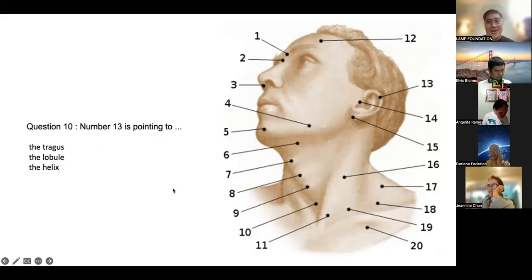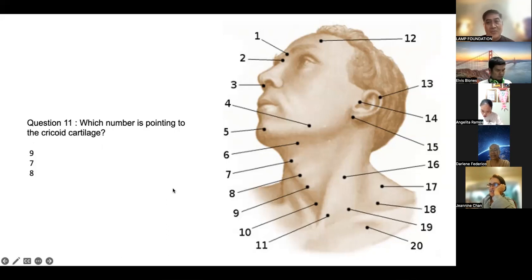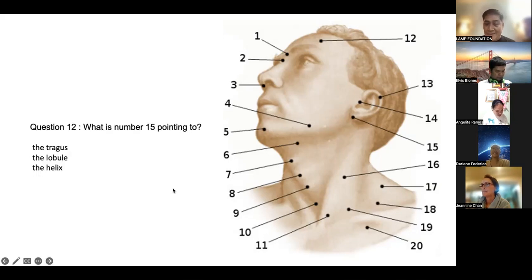Number 5. Okay. Number 13 is pointing to what? Helix. Which number is pointing to the cricoid cartilage? Number 9.